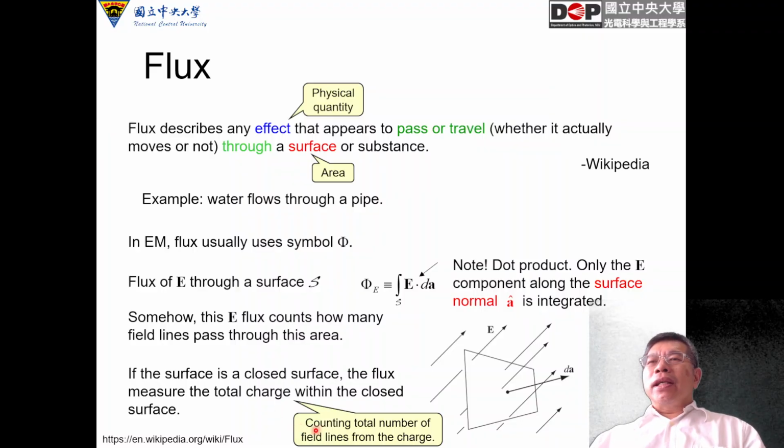So, in other words, counting the total number of field lines from the charge is actually counting how many field lines come through the surface.